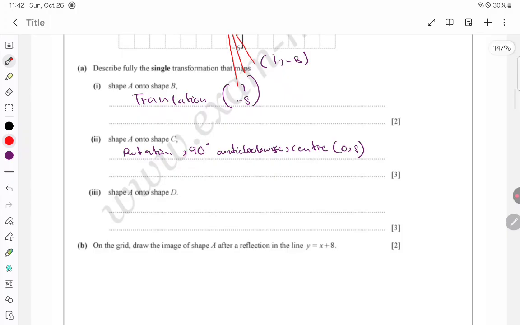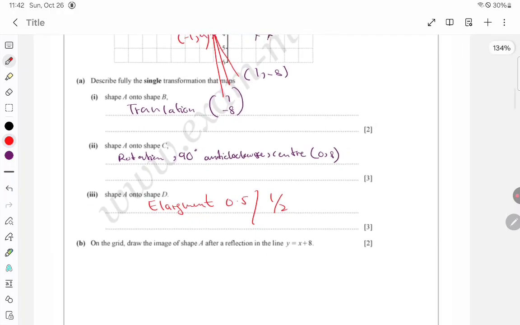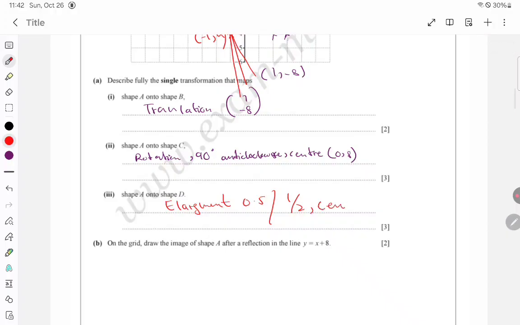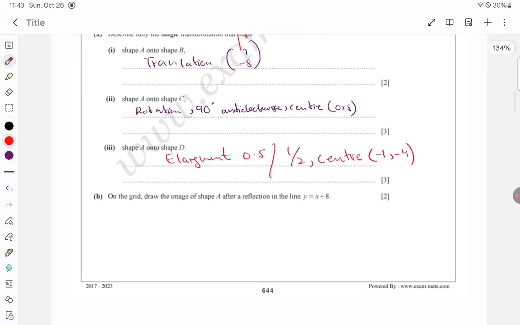So for shape A into D, only enlargement factor with 0.5, or we can say that half in positive, because quadrant is not changed, and the center is negative of 1 comma negative of 4, as it lies on the third quadrant. In third quadrant, the x and y both are negative.